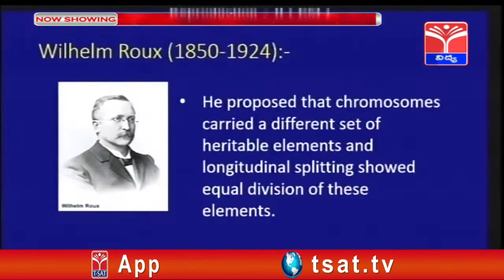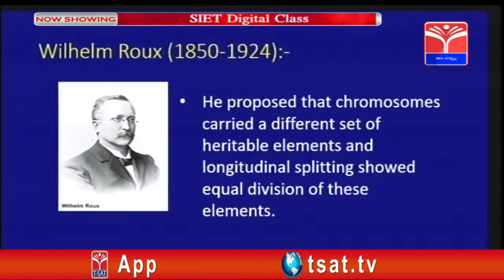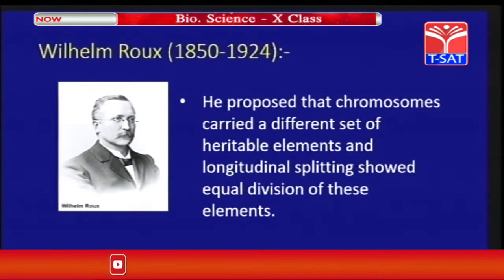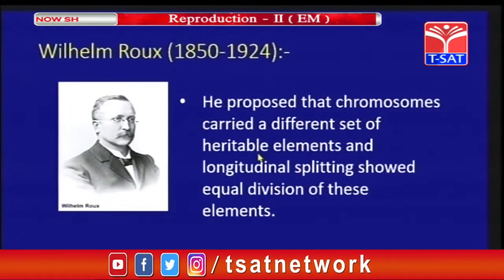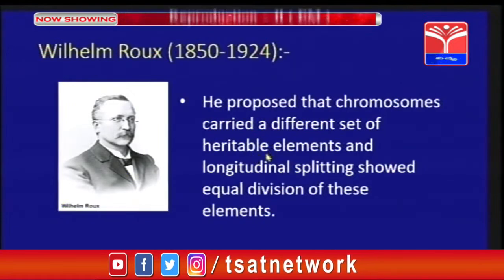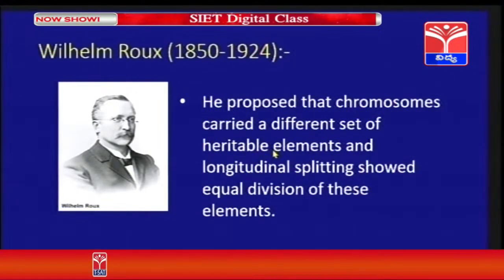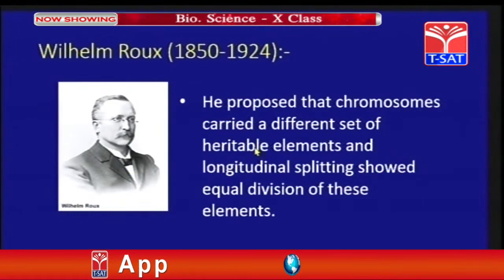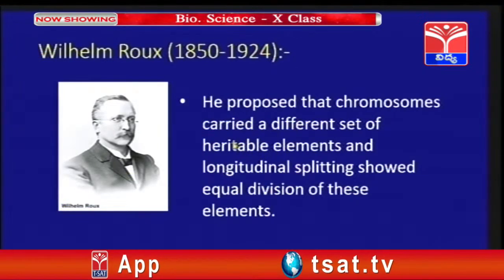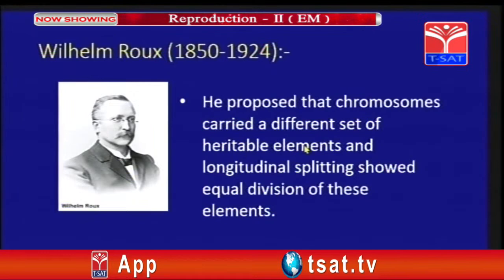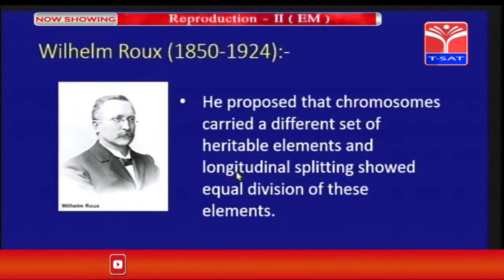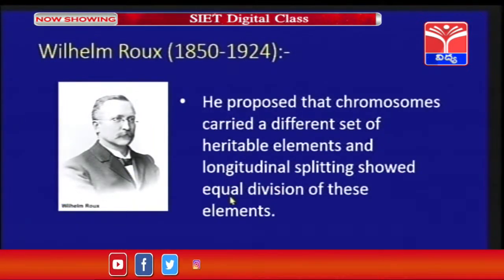Wilhelm Roux proposed that chromosomes carried a set of heritable elements. Children, heritable elements means the genetic material which is transferred from generation to generation. Wilhelm Roux stated that chromosomes carried a set of heritable elements and they divided longitudinally, showing equal division.